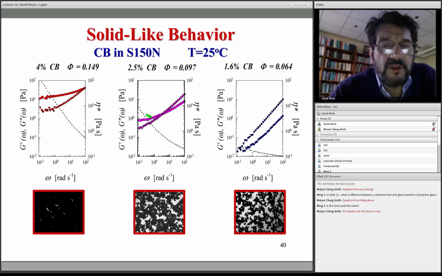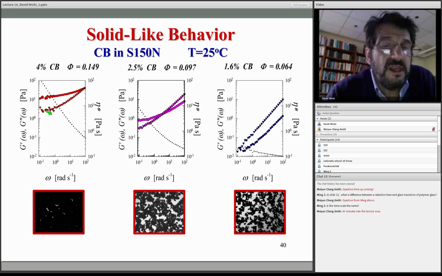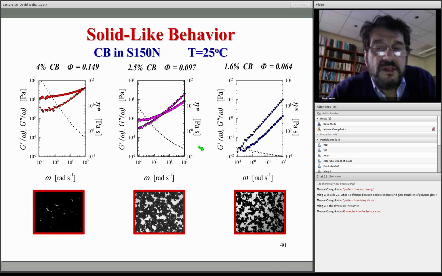This is done with oscillatory measurements. At lower frequencies, you see that you become increasingly solid-like, and as the volume fraction increases, just reflecting the fact that this looks much more solid-like than this. And so the modulus is increasing, and in this case it's increasing by several orders of magnitude, maybe 3 orders of magnitude, because here it's 1 and here it's 10 to the minus 2.